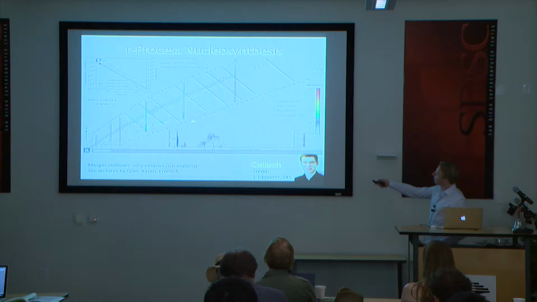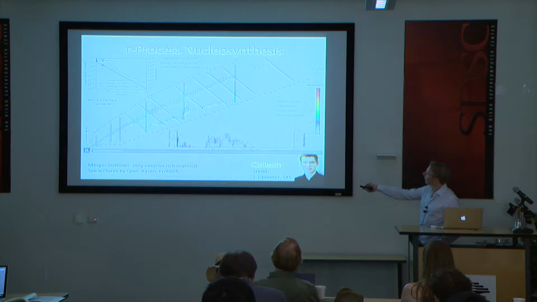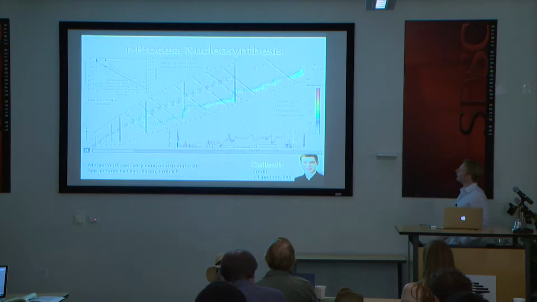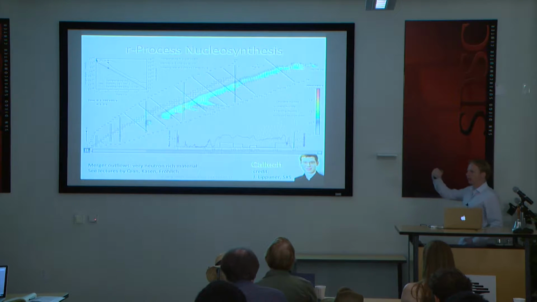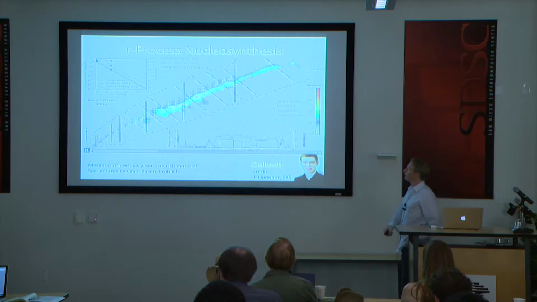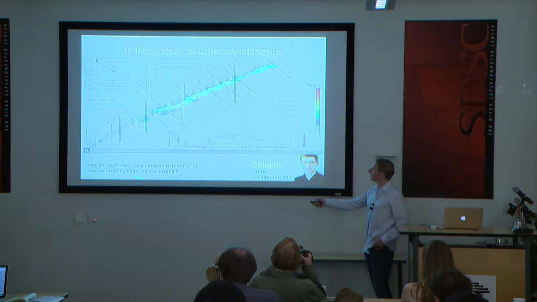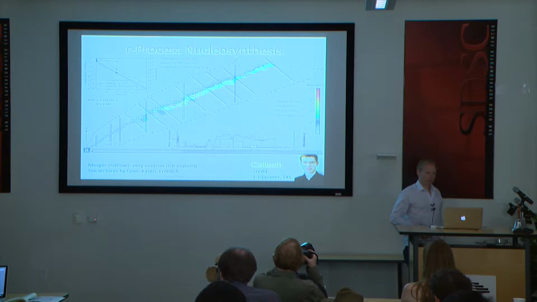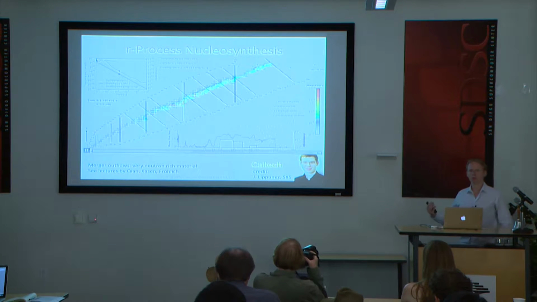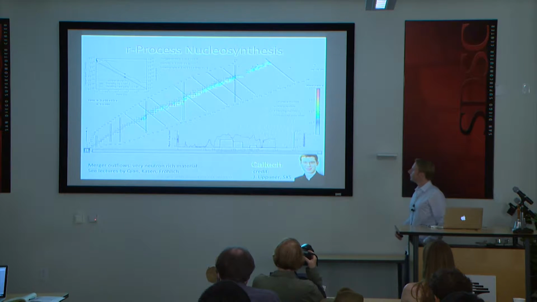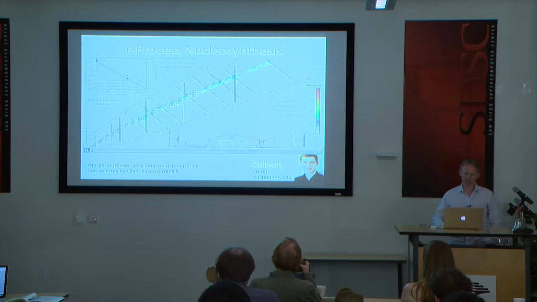It moves up here towards the neutron-rich side. Eventually, the process freezes out. And then we have a decay chain that moves it back to the valley of stability. So there will be other talks here about the sites of the astrophysical r-process. But neutron star mergers look to be the favorite places.